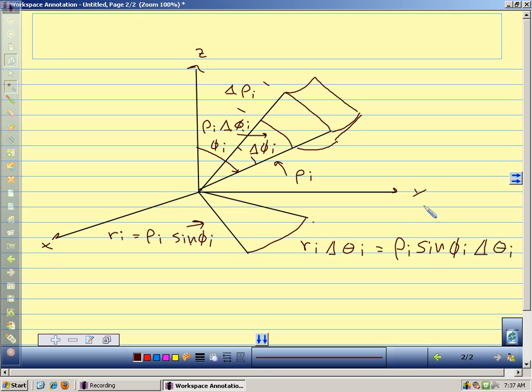Oh, and this arc is the same as this arc here. So this side of my little volume element is rho sub i sine phi sub i delta theta sub i. Delta theta is right here.